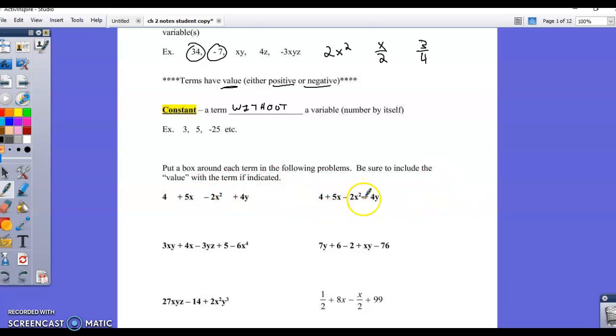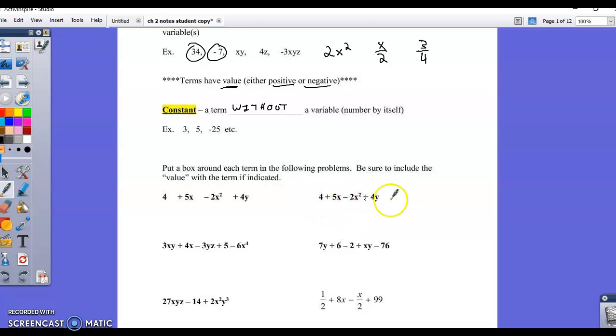So you can see here these first 2 problems are the same. This one I actually spaced out the different terms, and here is likely how you're going to be seeing them when we're given them in problems. So what we want to do for these next few problems is put a box around each term. Essentially what we're doing is we're breaking up what looks like a math expression. So in here we have a 4, a positive 5x, a -2x squared, and a positive 4y.